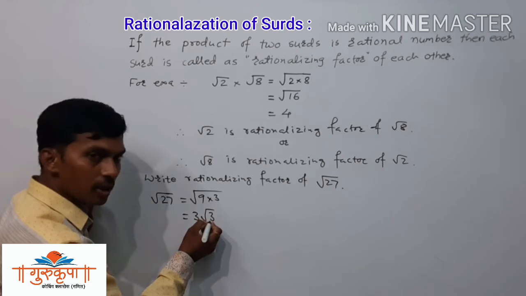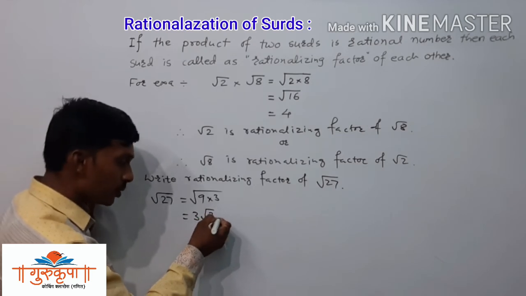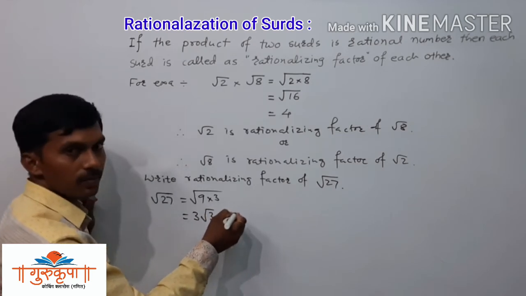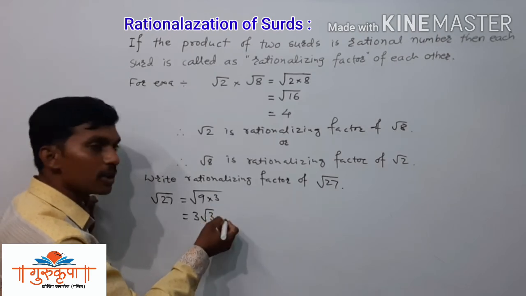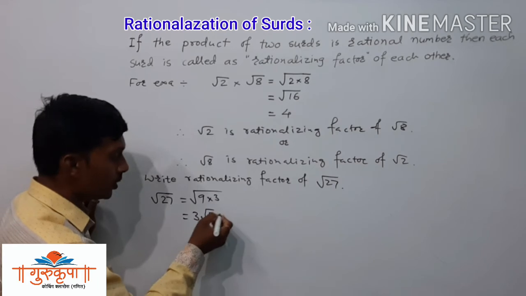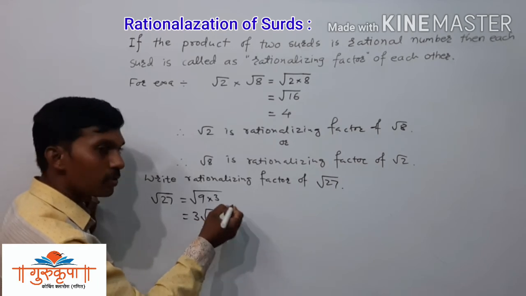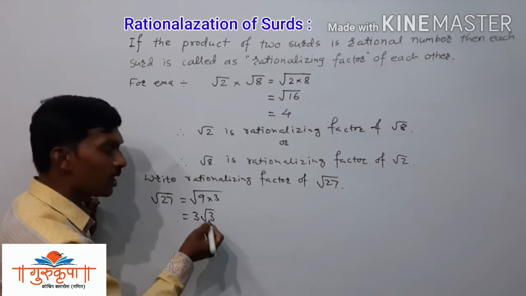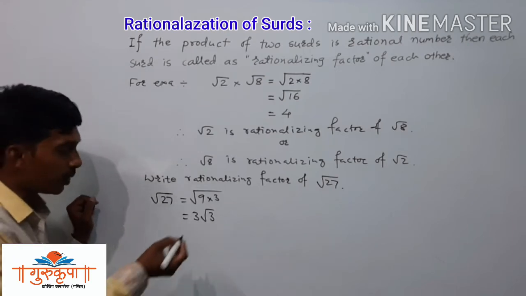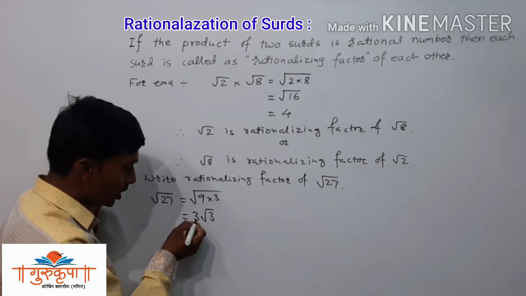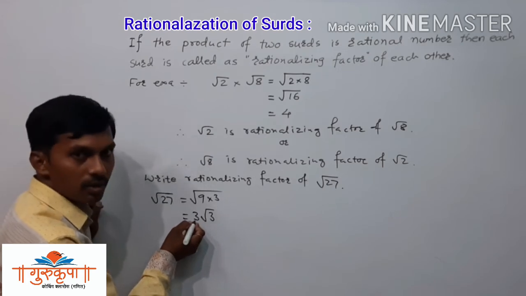Here we have √3. If we multiply this √3 by √3, then √3 into √3, that is √9, and square root of 9 is 3. So product is rational. Here already 3 is rational number.